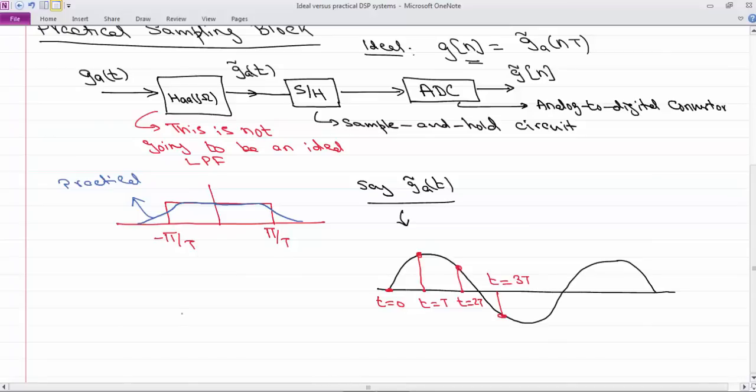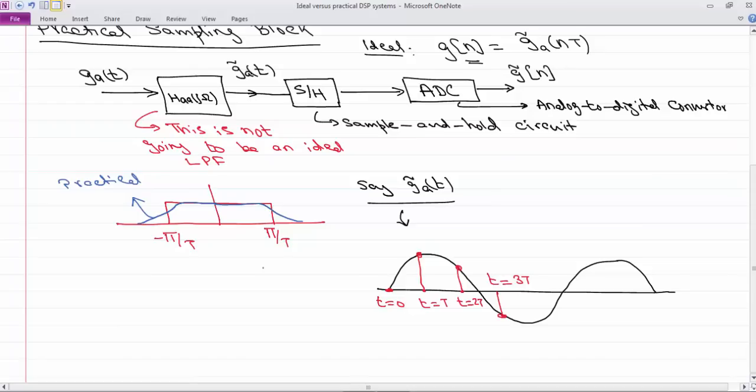But how do you measure these values? In hardware, no matter what physical hardware you use, it has some finite processing time. It needs some finite amount of time, called the settling time, before all the circuits can settle down and produce an output.